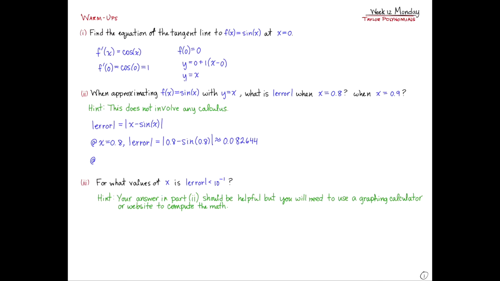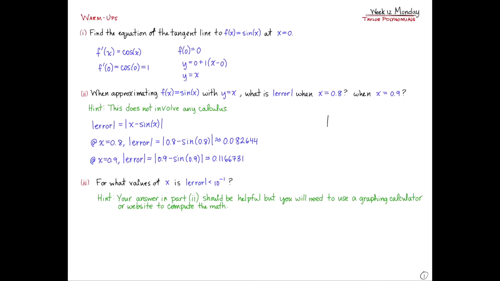At x equal to 0.9, the size of the error is equal to the absolute value of 0.9 minus sine of 0.9. Plugging that into our calculator, we get that this is approximately 0.11666731.